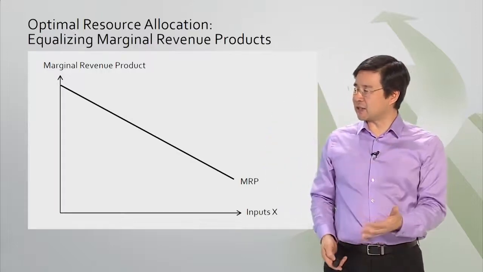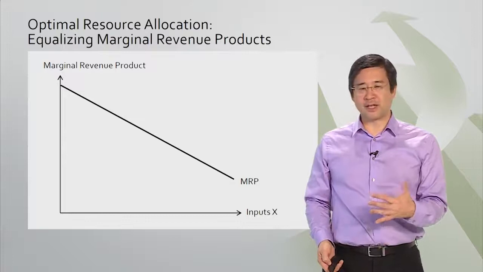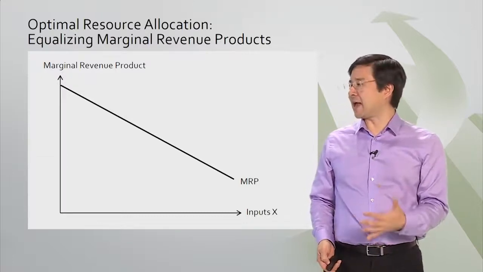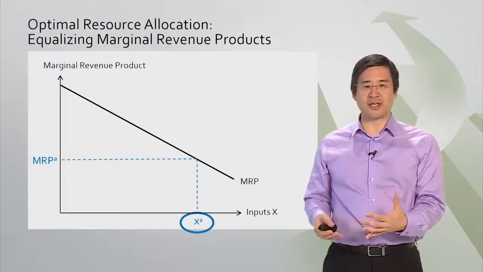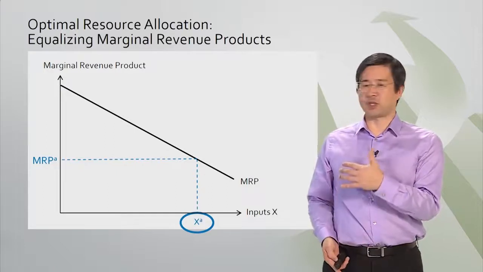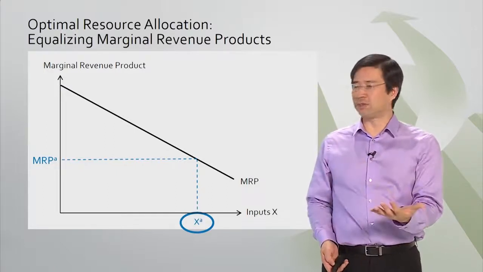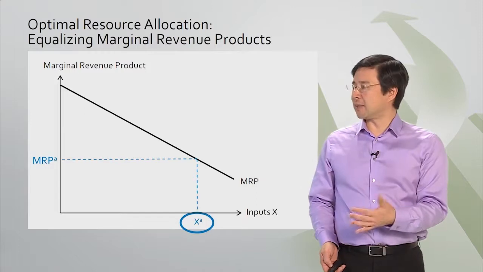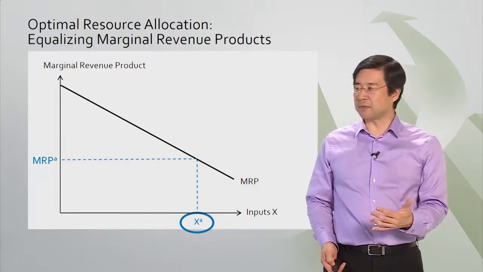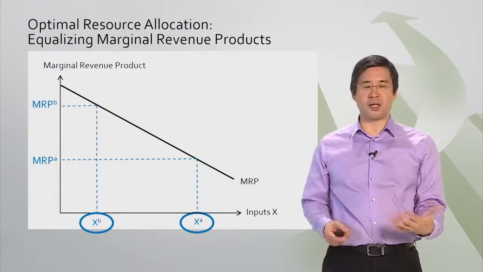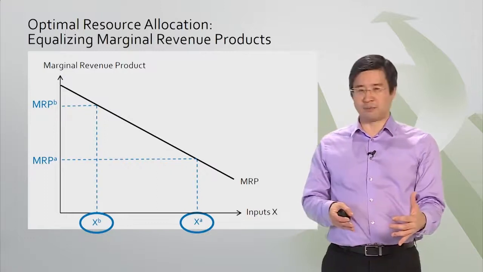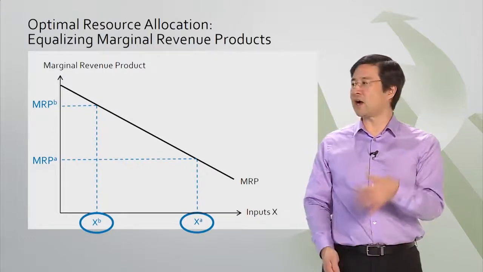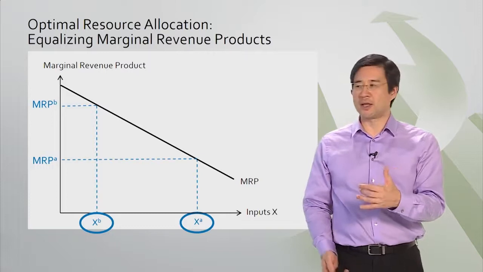And in this framework, if a given firm A has an amount of inputs XA, then that's going to correspond to a marginal revenue product A here based on this curve. And similarly, if there's another firm B which has much fewer inputs, then it's going to have a much higher marginal revenue product.